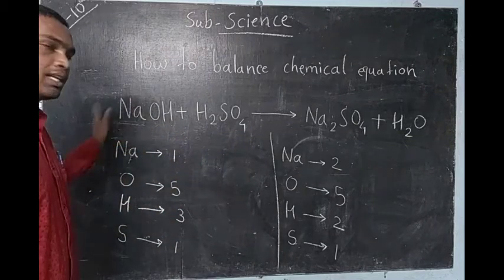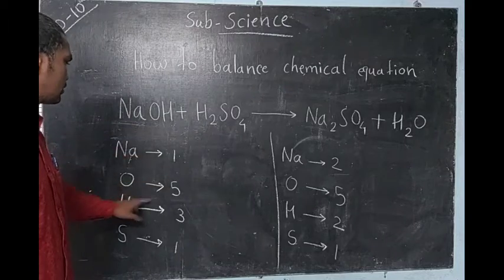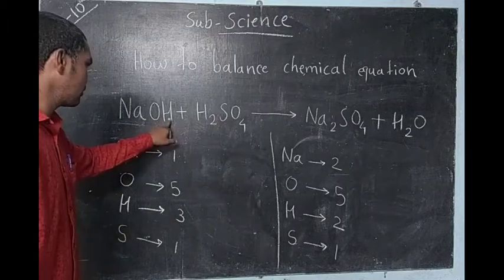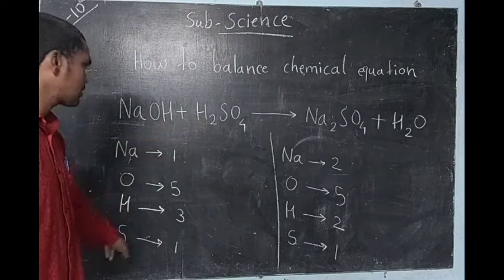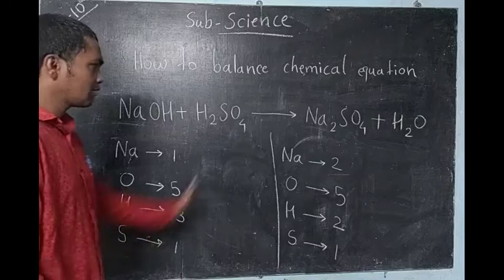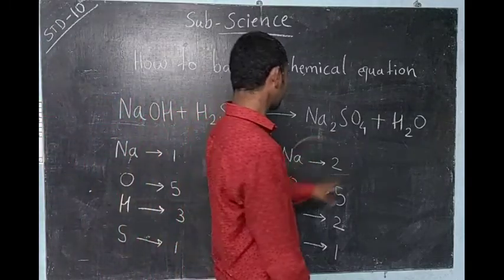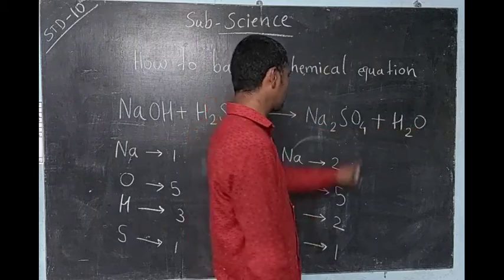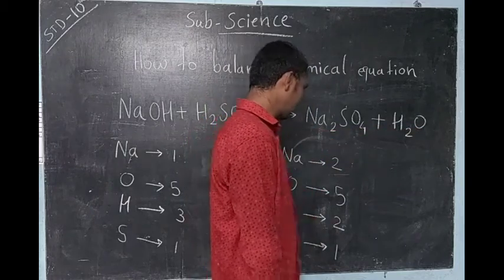Sodium at the left side, see, sodium 1, oxygen 5, see here 1 and this 4, 5, hydrogen 3, see 1 and this 2, 3, and sulfur 1. Same here, sodium 2, oxygen 5, see 4 and 1, 5, hydrogen 2, see H2 is given here, and sulfur 1.